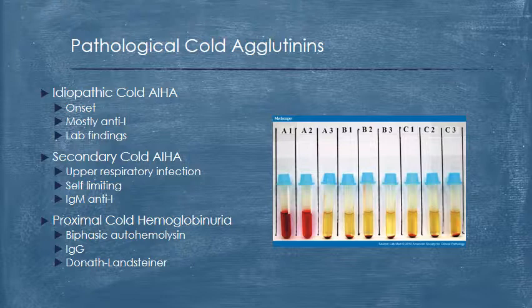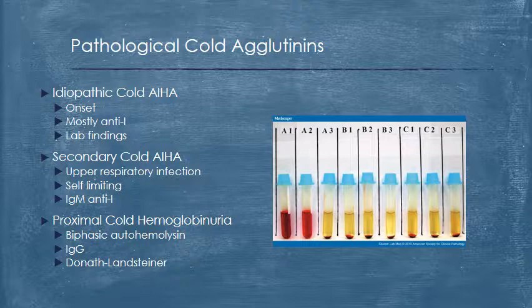Now, what are you going to find lab findings wise as far as the idiopathic and even the secondary cold? Well, you're going to find reticulocytosis, so an increase in your retic count. Your DAT is going to be positive. Okay. With the idiopathic, it really should be complement only that you're seeing. So it'll be complement specific.